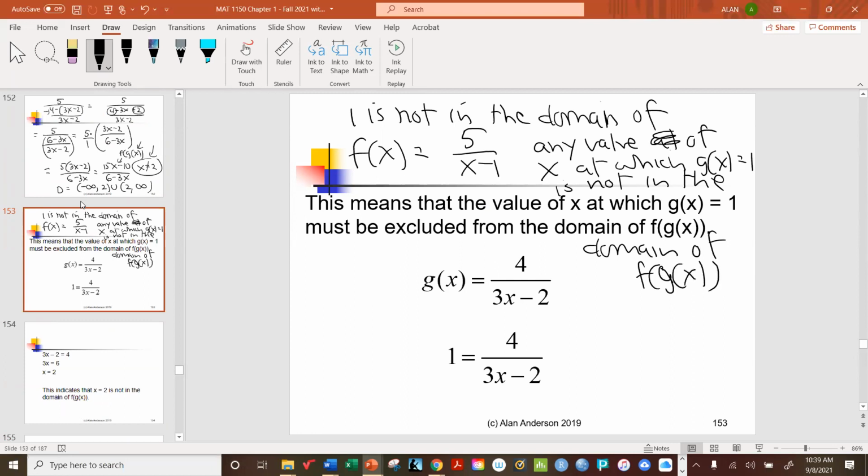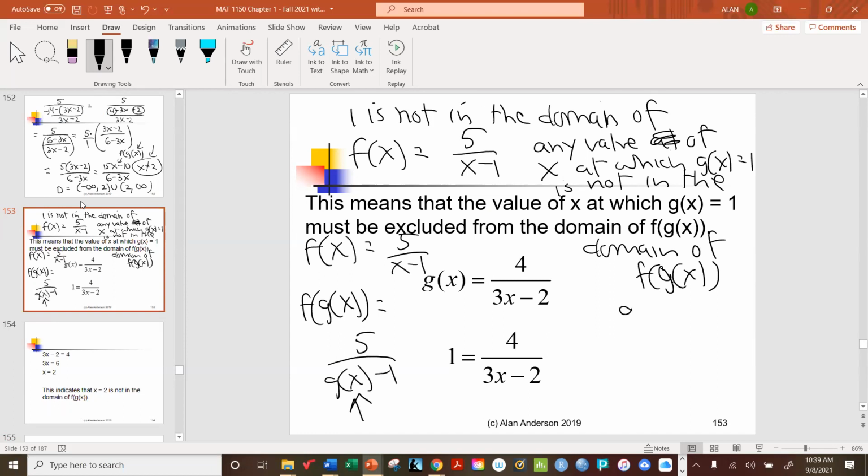Okay, in other words, what we're saying here is that this is f of x. F of g of x would also have the same restriction. Okay, so you can see g of x must not equal 1. But now this time we're not talking about x, we're talking about g of x. So if g of x cannot equal 1, what we're going to do here is figure out what value of x causes this to happen. So we're going to set 1 equal to 4 over 3x minus 2. I'm going to cross multiply.